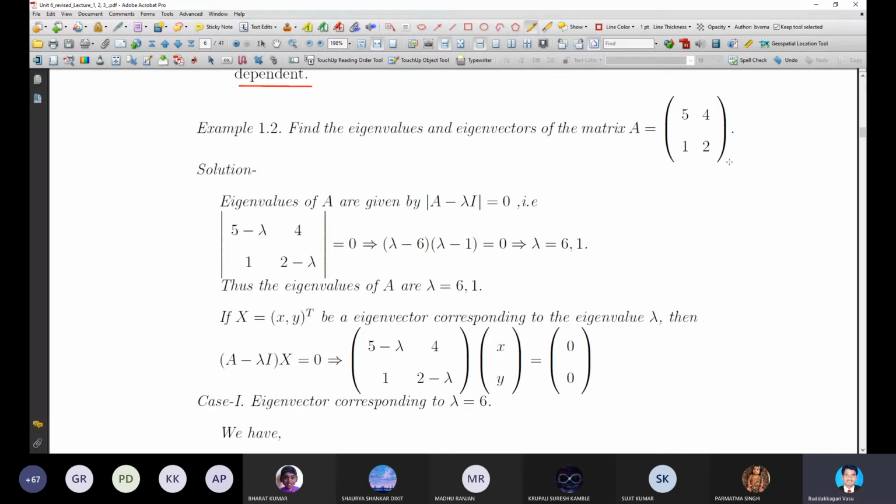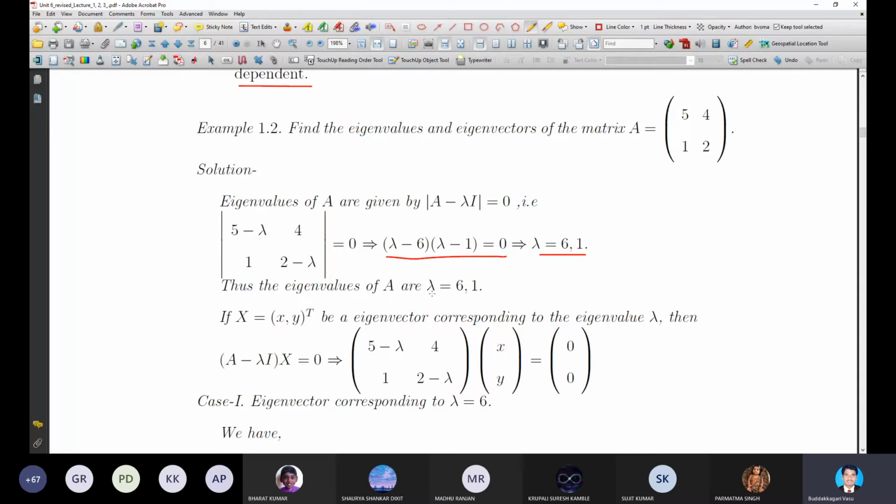For finding the eigenvalues and eigenvectors, first write its characteristic equation: determinant of A minus lambda I is equal to 0. Finding the determinant gives the characteristic equation, and its roots are called the eigenvalues. So the eigenvalues of the matrix A are the roots of the characteristic equation: lambda is equal to 6 and 1.